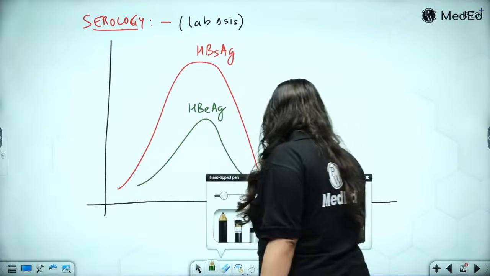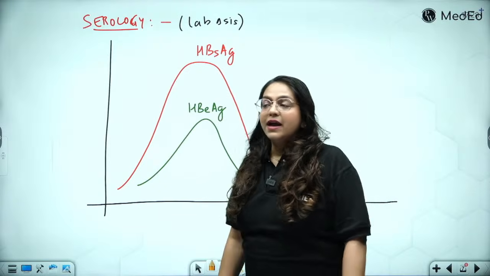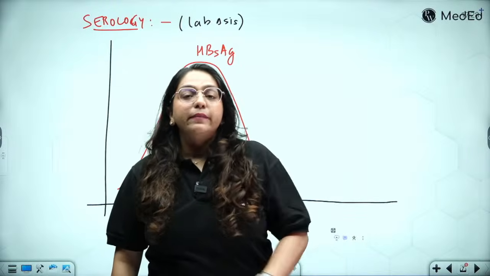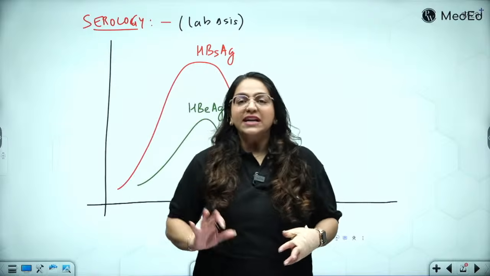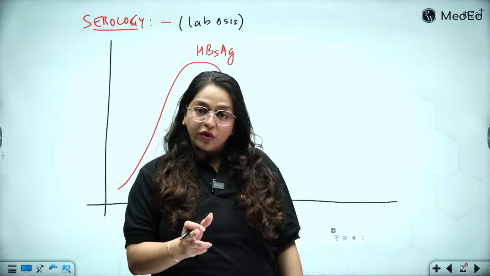Now, like I had said, the first antibody to rise is not against this guy, but actually against the core, because the body really wants to hurt this virus. So instead of just attacking these superficial antigens, it is going to go and attack the core of the virus.